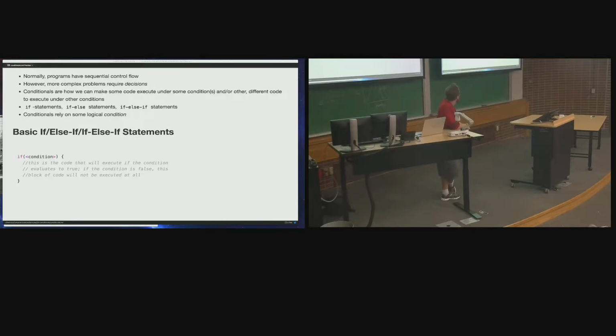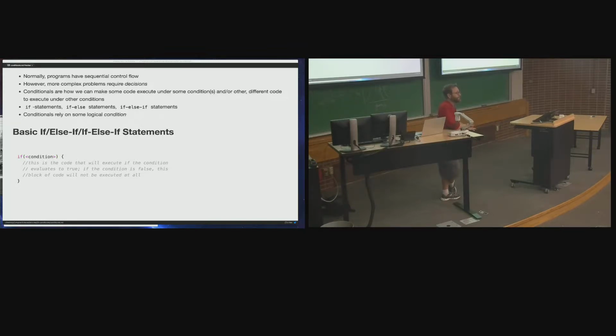Then I've got an opening curly bracket and a subsequent closing curly bracket. Everything between those is the code block associated with that if statement. As the comments state here, anything that you put in there is the code that will execute if the condition evaluates to true. If the condition is false, this block of code will not be executed at all.